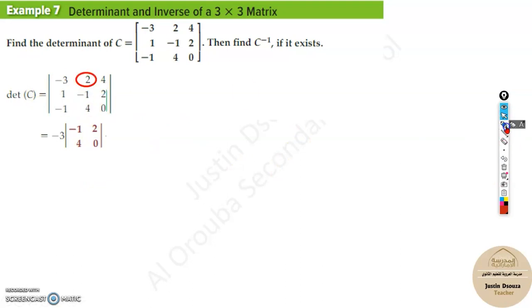When you consider 2, you need to ignore all that is in its row, that is this one, and its column. So what are the remaining digits? 1, -1, 2, and 0. So this is the thing. You need to write this. And lastly, we have 4, and again, remember to take this. So this is what you will get.